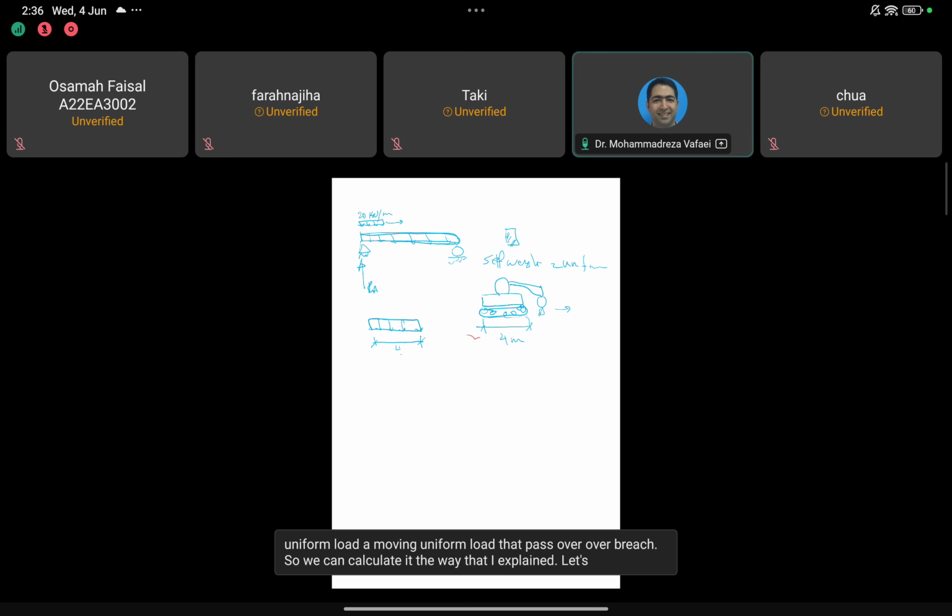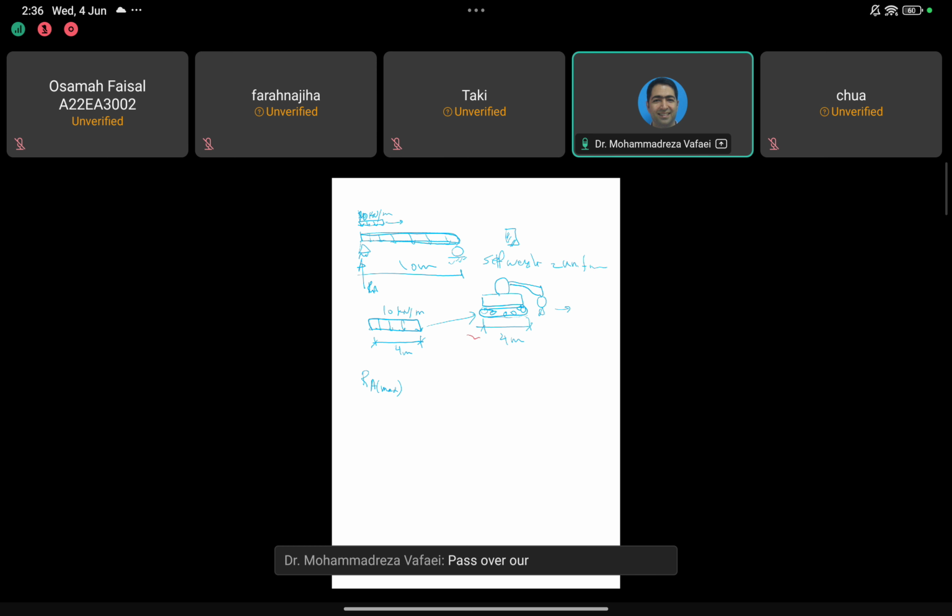Let's say we have this 4 meter length with 10 kilonewton per meter load, which is passing over our bridge from left to right, and the bridge is also 10 meters long. And we are interested to know how much is RA max if this load that represents this vehicle passes over our bridge.